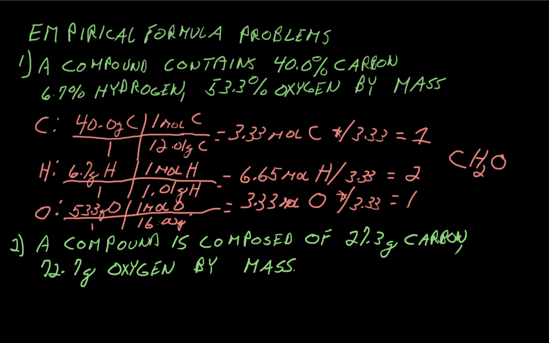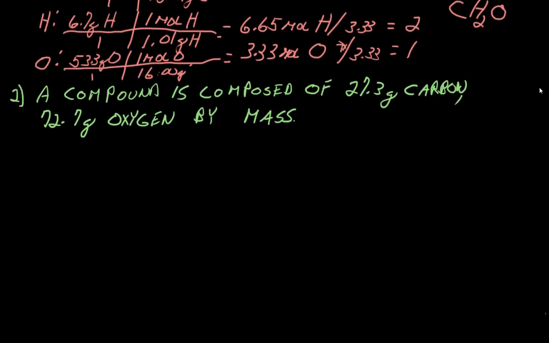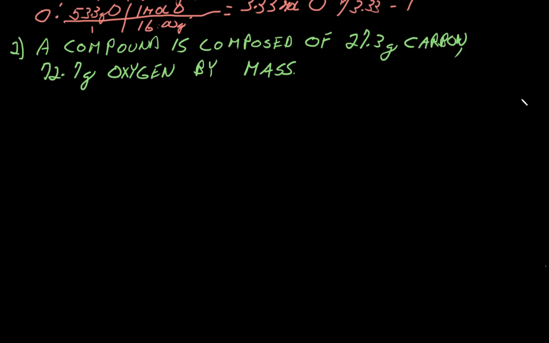So in problem number 2, we have a compound composed of 27.3 grams of carbon and 72.7 grams of oxygen by mass. All right, so let's go ahead and find the mole ratio again. So for carbon, we have 27.3 grams.